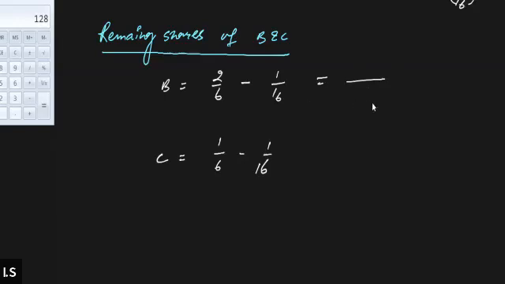first of all, you need to find out the LCM of this. How much is the LCM, Alexander? I think it will be 48. Yes, sir. Okay. And then it will be 16 minus 3, that means 13 by 48.